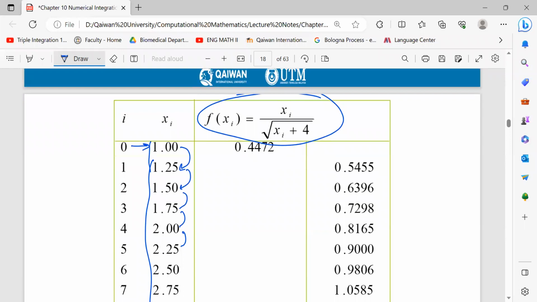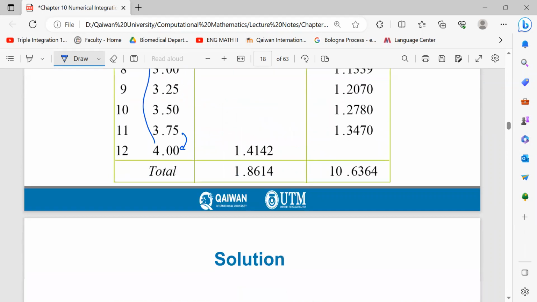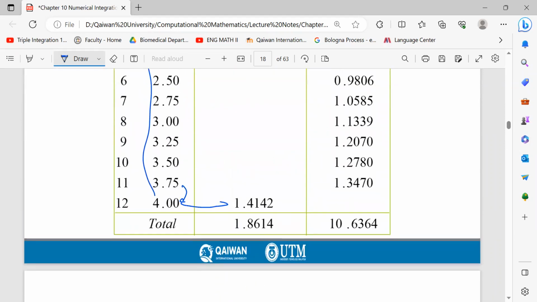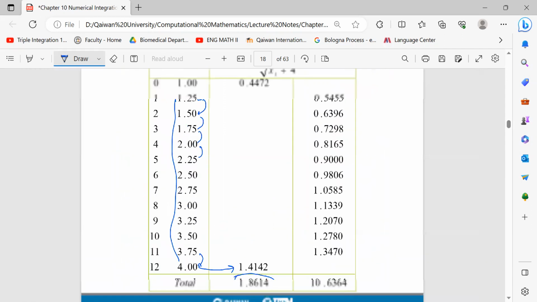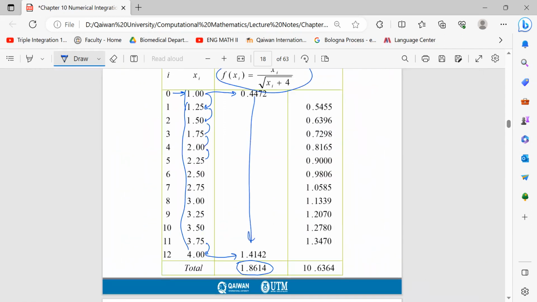The first one and the last one together in a column, and all the others in the other column. f of 1 is 0.4472 and f of 4 is 1.4142, which gives 1.8614. This is the sum of these two.